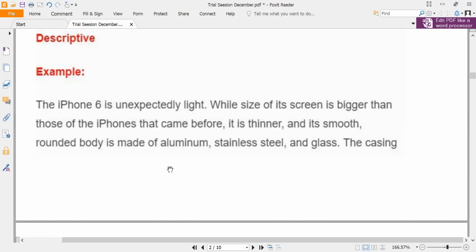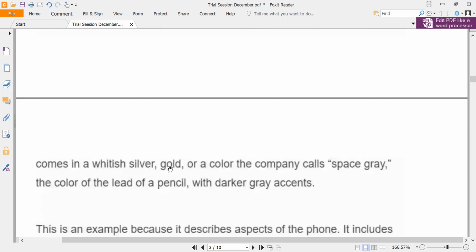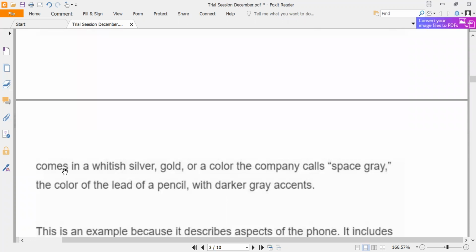The casing comes in a whitish silver, gold, or a color the company calls space gray, the color of the lid of a pencil, with darker gray accents.